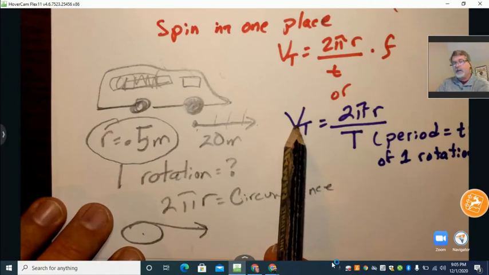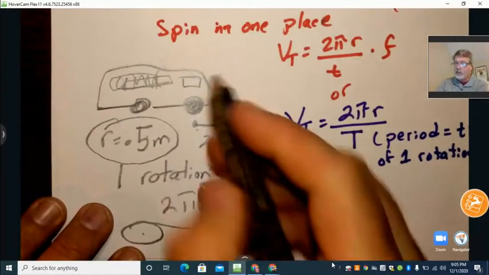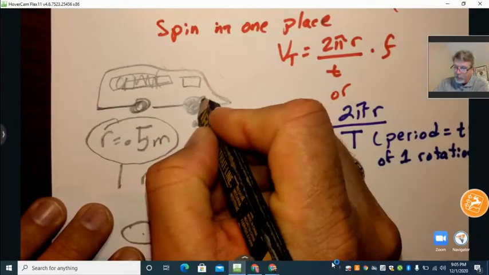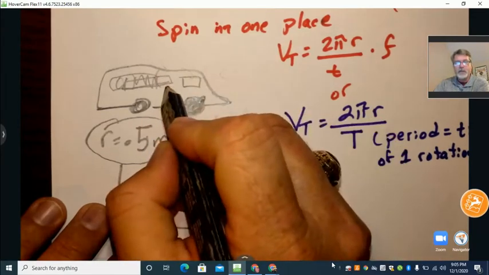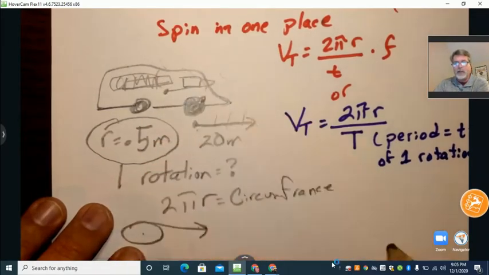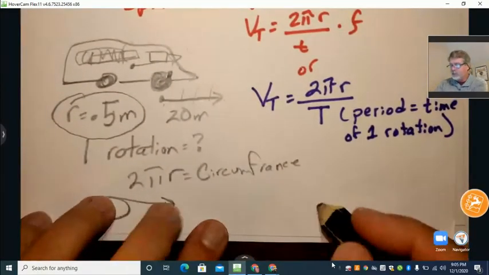Now, the tangential velocity of the tire does not necessarily represent the velocity of the bus, because we're talking about the velocity of this point on the tire, which could be different. All right? Now, there's one other thing I want to tell you about the tangential velocity.